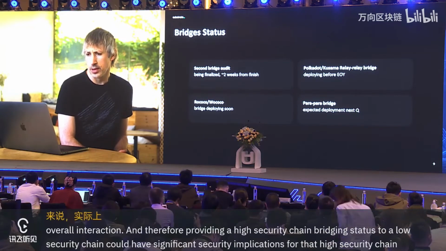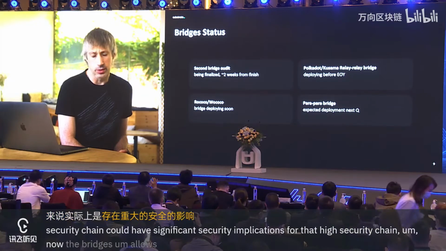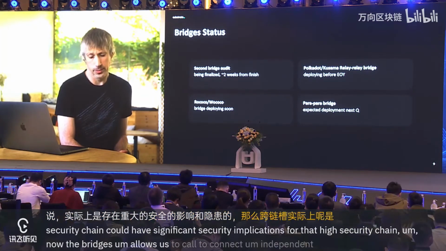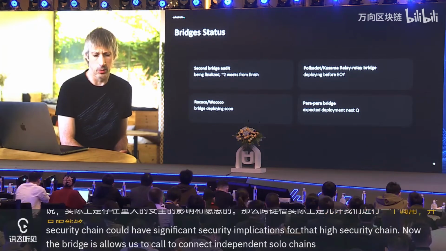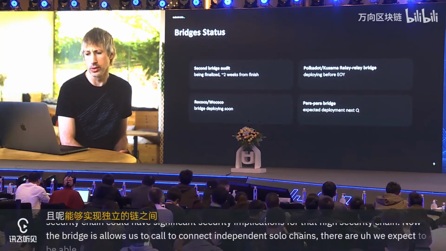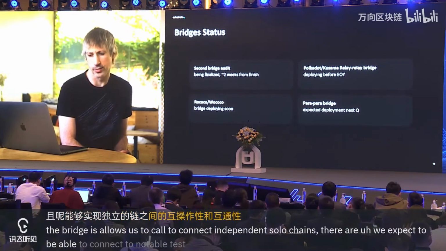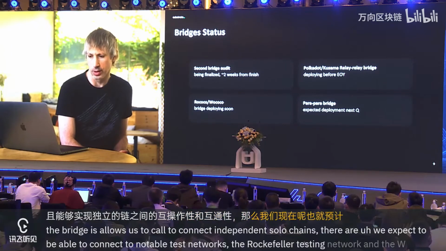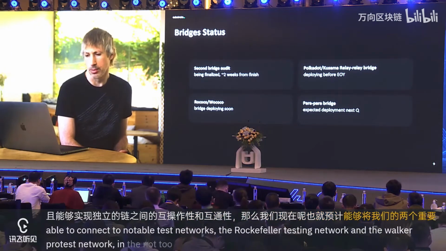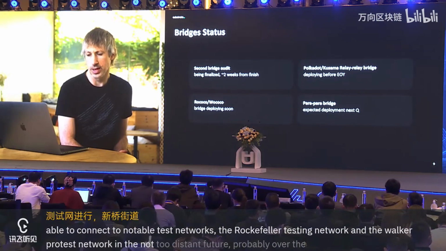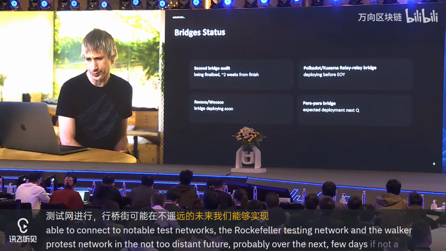Now, the bridges allows us to connect independent solo chains. We expect to be able to connect 2 notable test networks, the Rococo test network and the Wakoko test network, in the not too distant future, probably over the next few days, if not a couple of weeks.